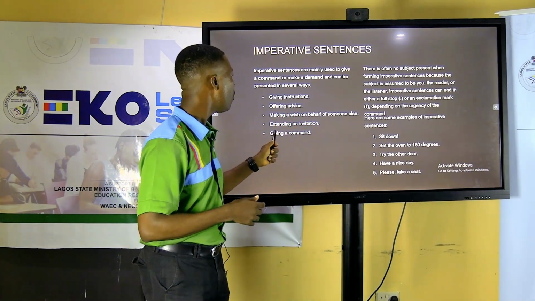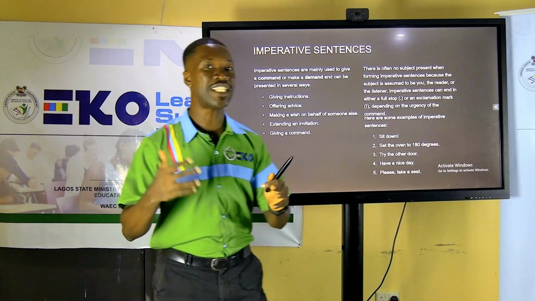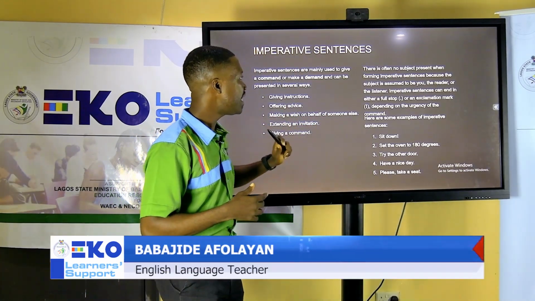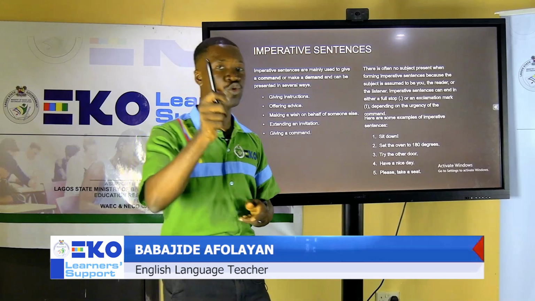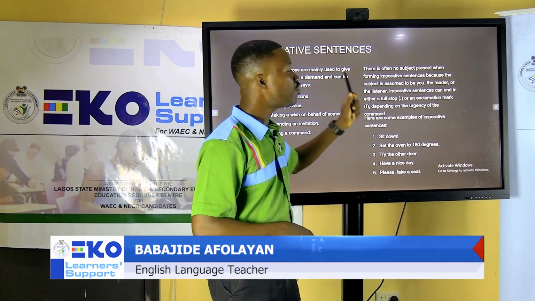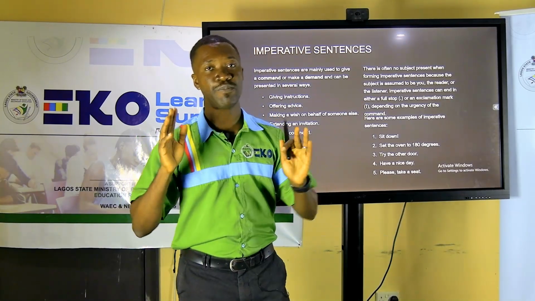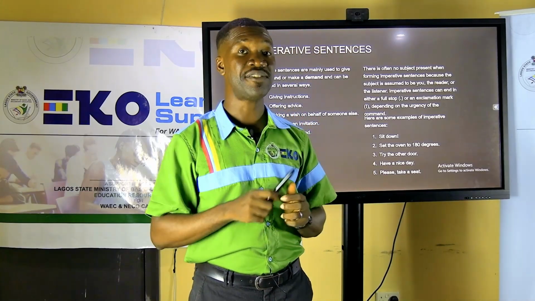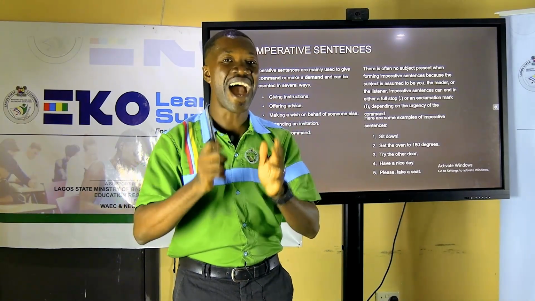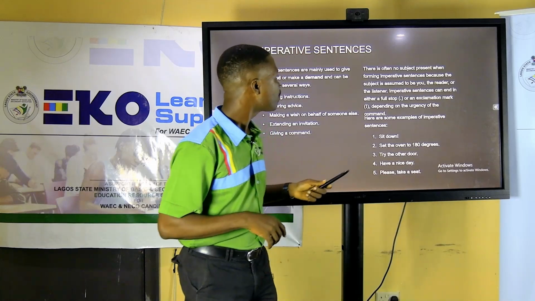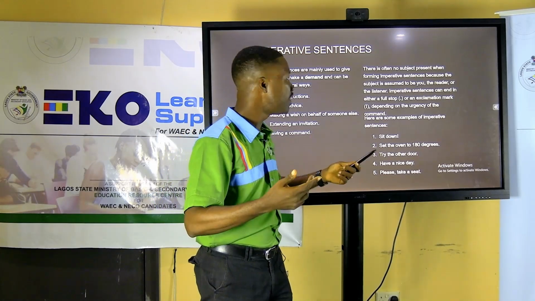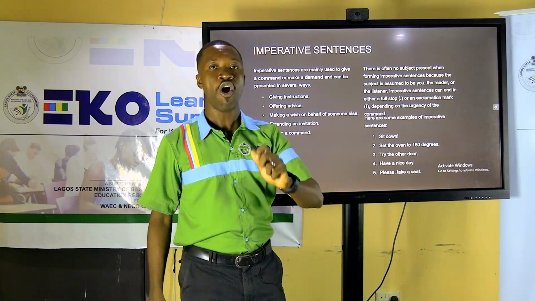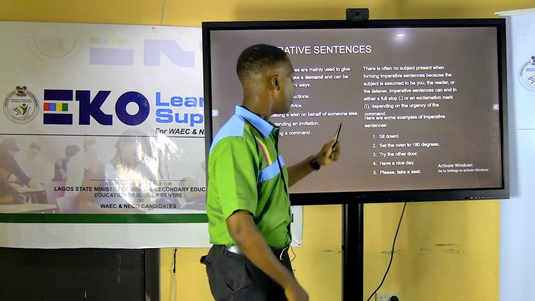And finally, when you are giving a command, which many times we do when we make use of the imperative sentence, we need to note that we do not have any subject present. Many times we make use of our imperative sentence because the subjects have been deleted. And it is assumed that you are speaking directly to either the person or the reader.